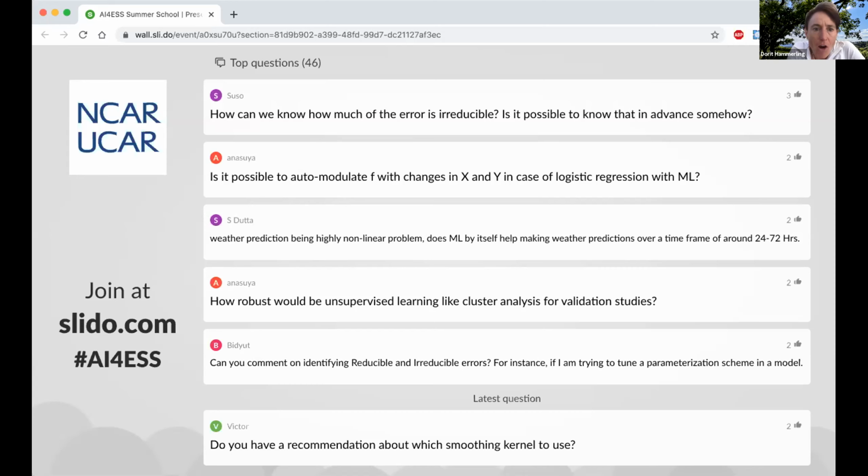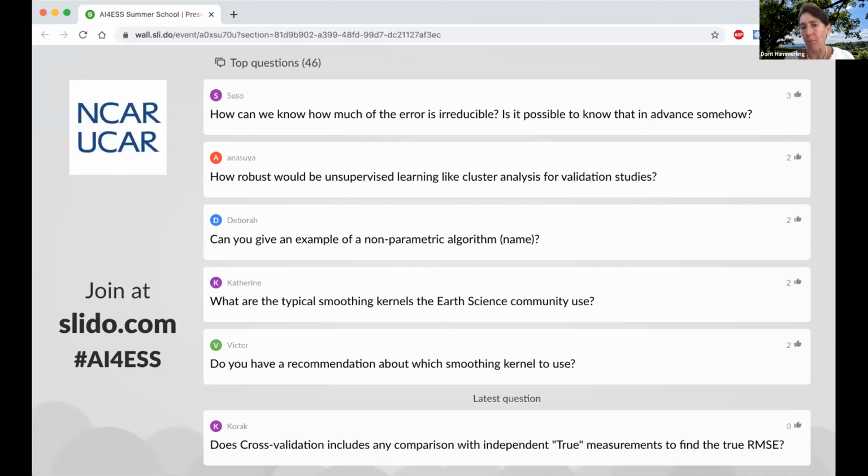So how can we know how much of the error is irreducible? Is it possible to know that in advance somehow? Yeah, there are some ways. For example, let's say you had that example I was giving with running the climate model. If you run the climate model with the same forcing, that means you always increase, let's say, CO2 concentrations by a certain amount, and then you make very, very small perturbations, you get a range of output scenarios for temperature.